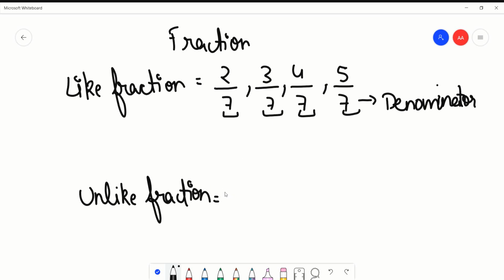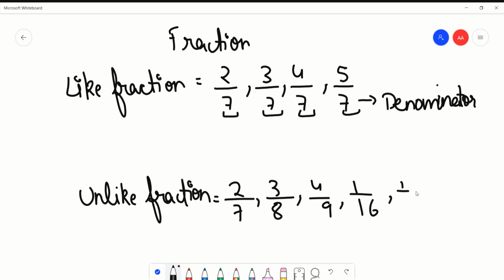Now what are unlike fractions? Unlike fractions are those fractions whose denominators are not the same. They could be any numerator or denominator.